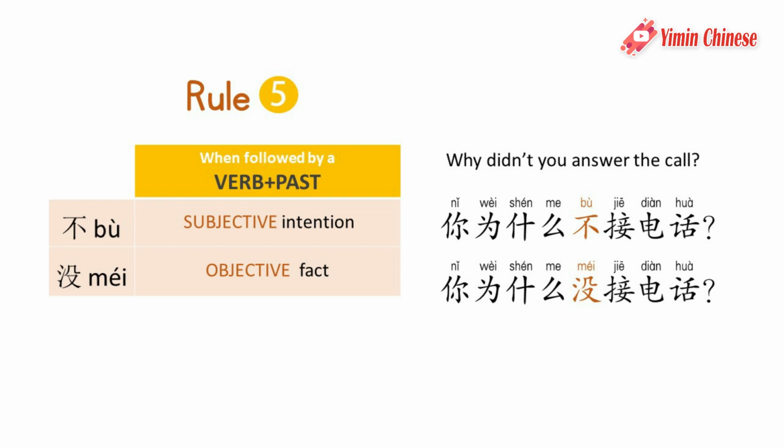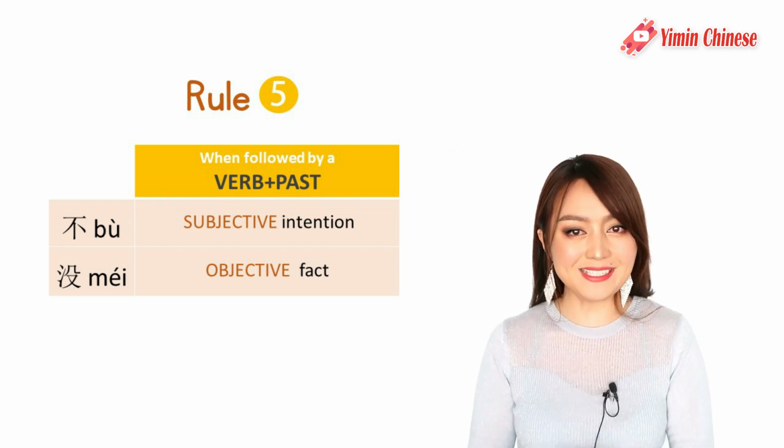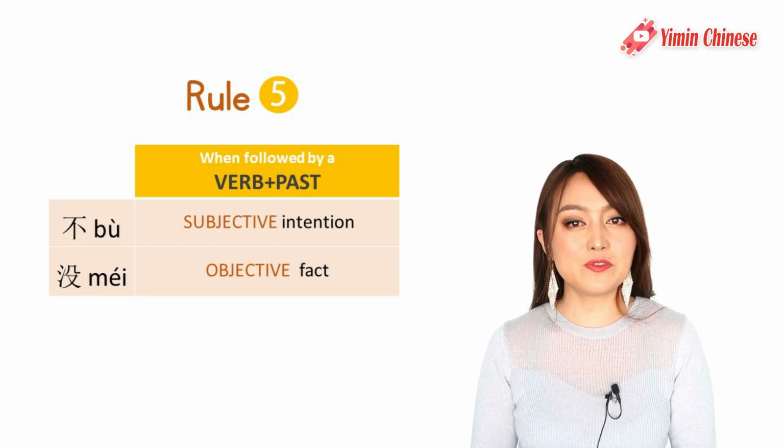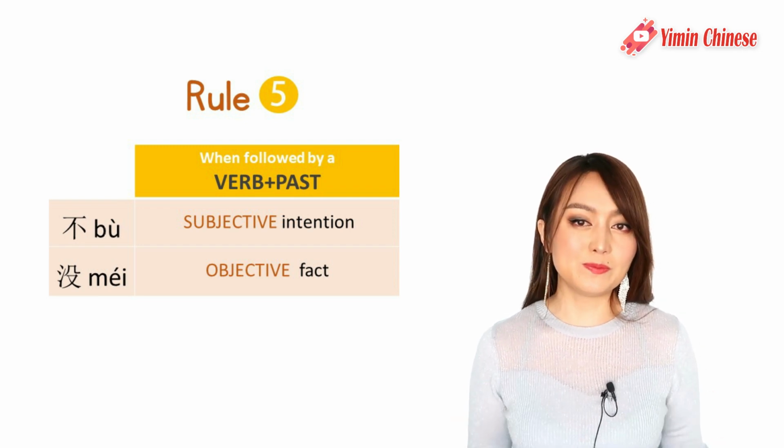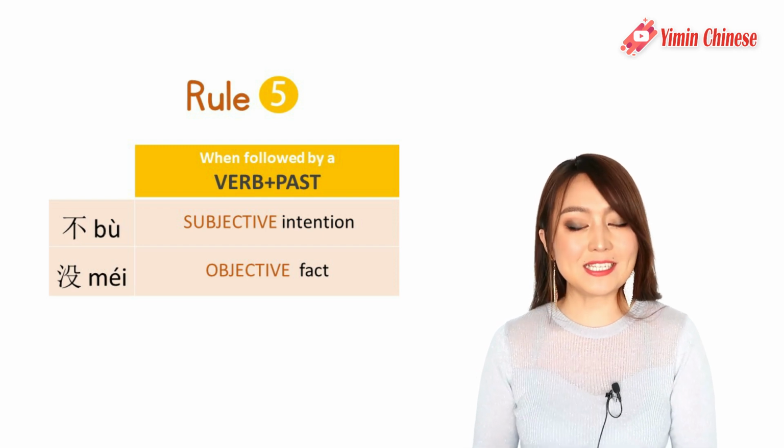Therefore you saw and heard the phone ring but you decided not to answer it for some reason. So it refers to a subjective intention, that is, the actual intent not to answer her call. So remember, when it's used for past tense, 没 just refers to the objective fact, while 不 implies subjective intention.